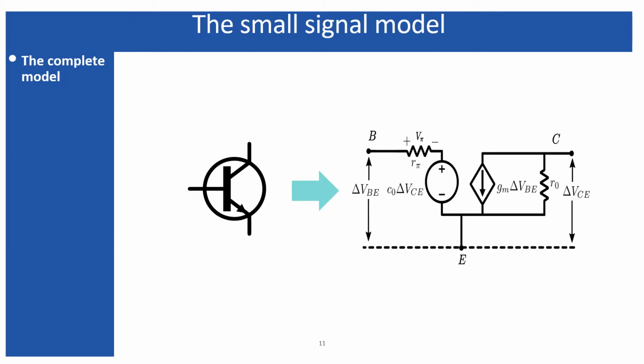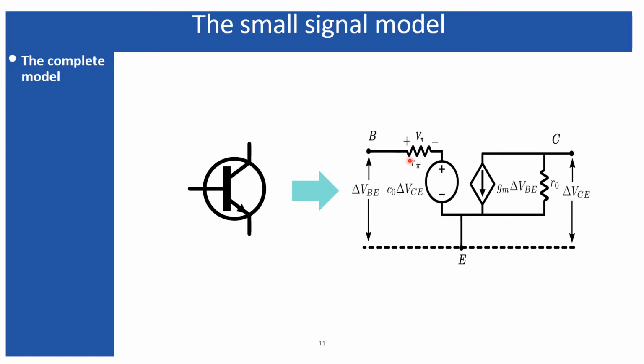So the final model of the BJT will be represented by this circuit, where on the input side one resistor R pi and another voltage source are appearing, and this voltage source is appearing due to the feedback from the output side, as I have explained, and that is caused by the early effect.